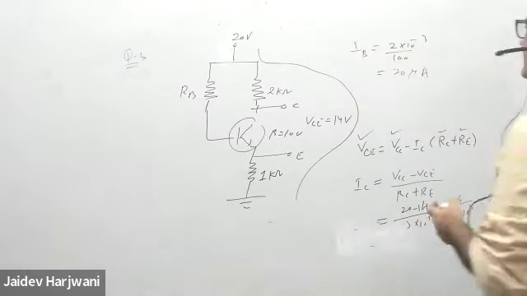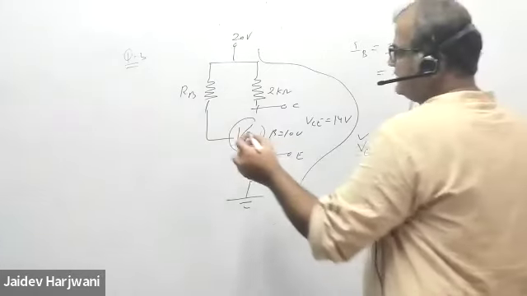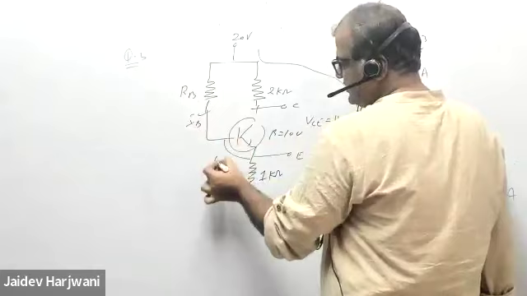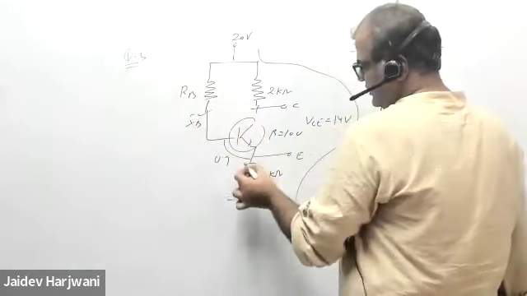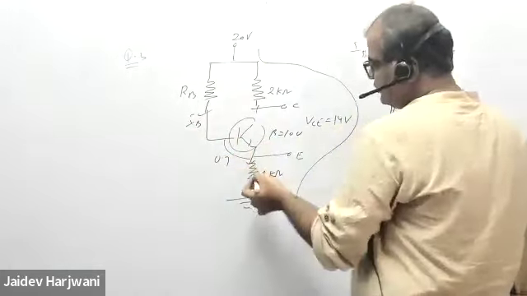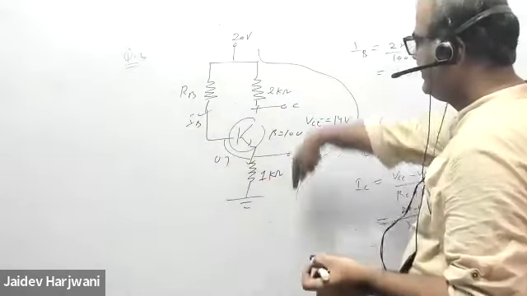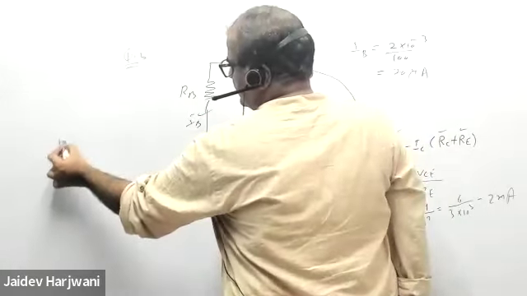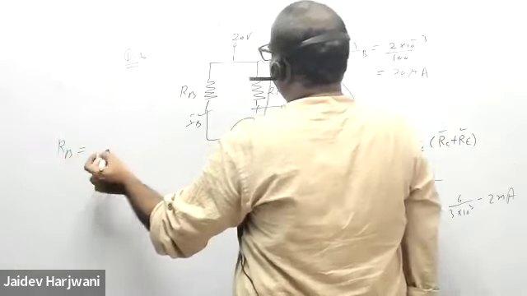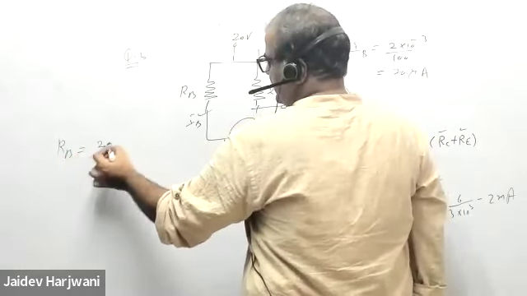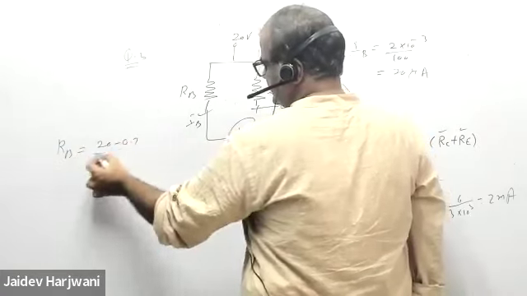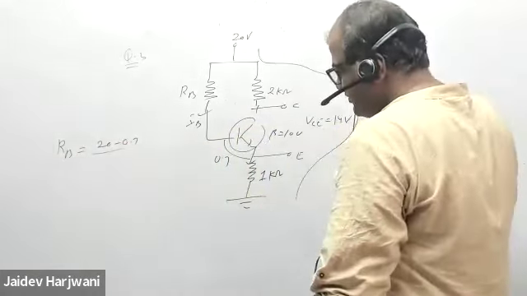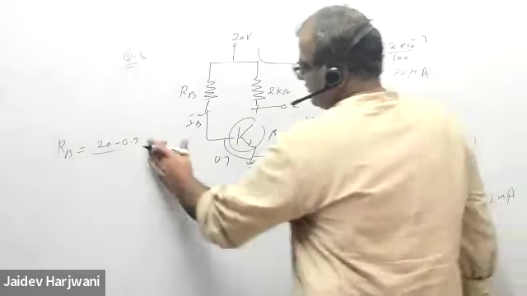Okay, so now you can write, say this IB is moving here. So now you know IB, and VBE is given 0.7. Here you know the current IE, which is equal to IC. So you can find the RB value. So RB will be what? Let me write the equation, then we'll solve.